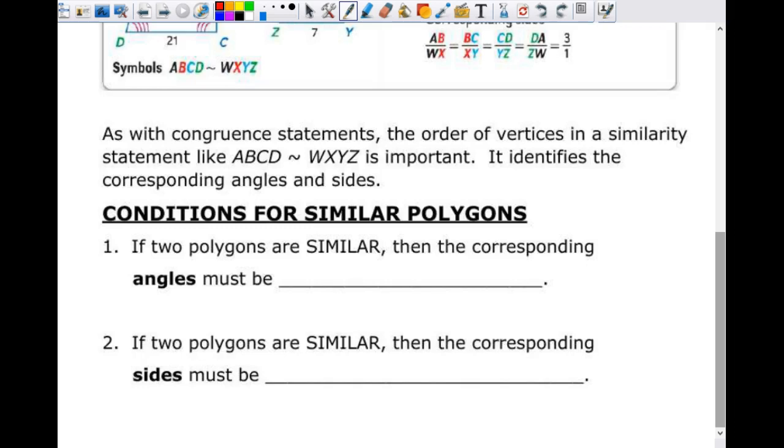If two polygons are similar, the corresponding angles must be congruent. If two polygons are similar, then the corresponding sides must be proportional.